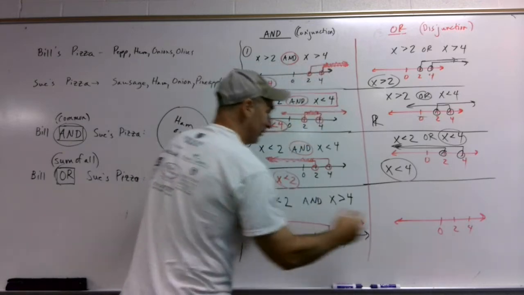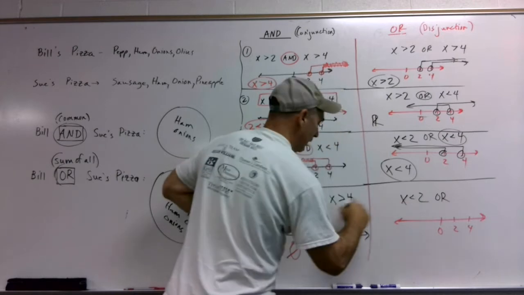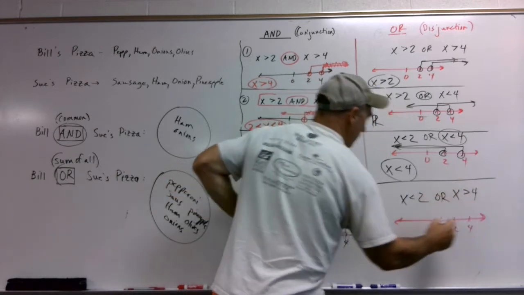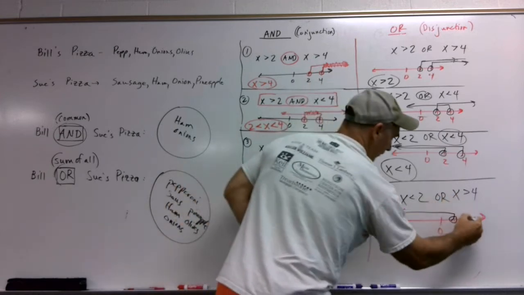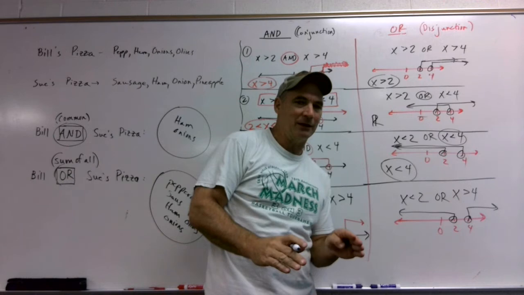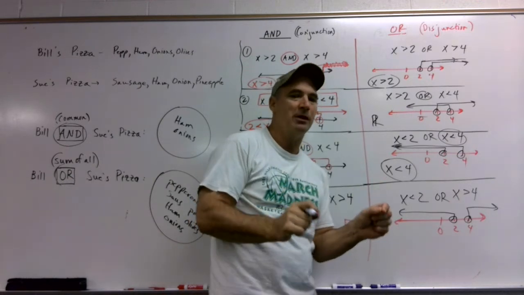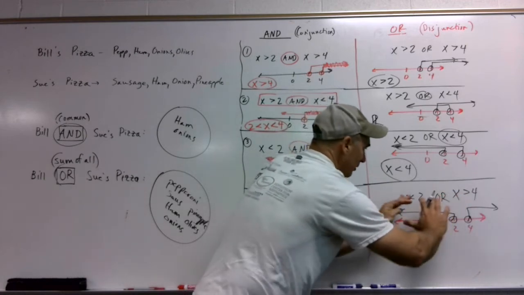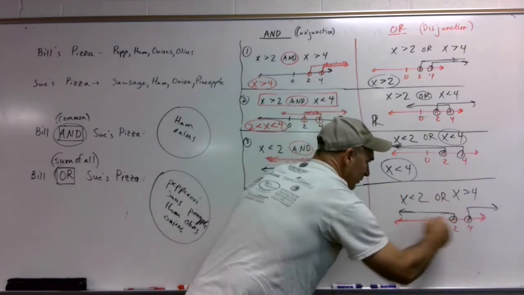Last one, x is less than 2 or x is greater than 4. The picture is going to be the same. So it's going to be like this, and it's going to be like this. Here's a weird one. You try to answer this as simply as possible with as little language as possible. How do I describe this picture? There's only one way to say it. I got to explain this right here.